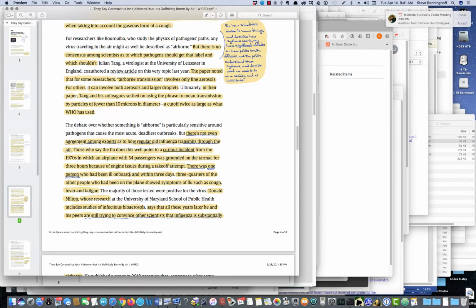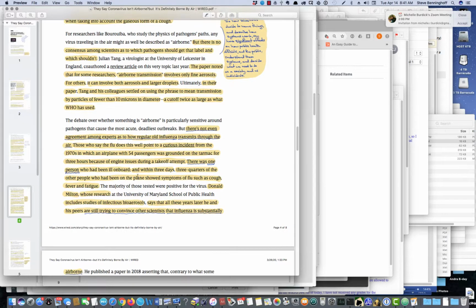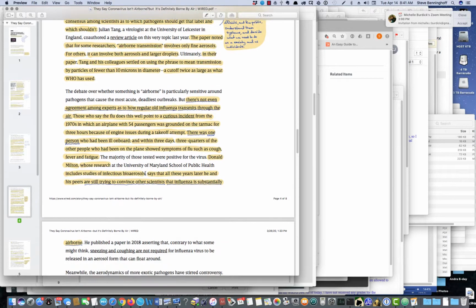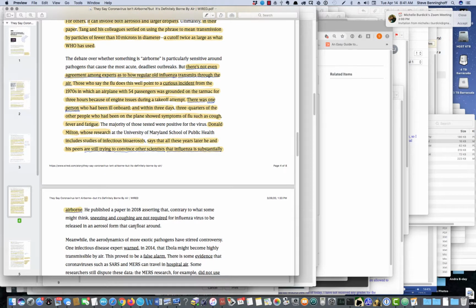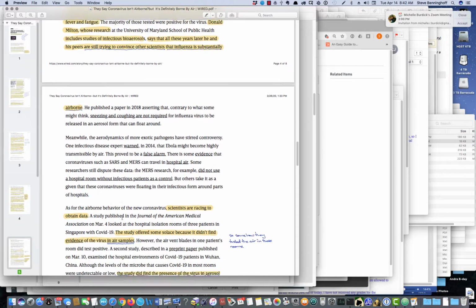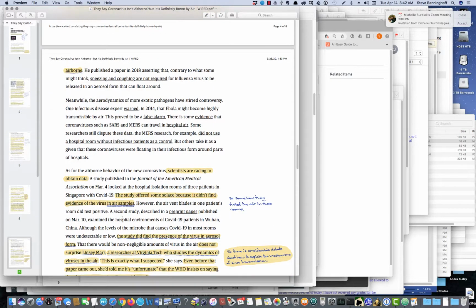There was only one person who was sick, but within 3 days, 3/4 of the people on that plane showed symptoms of the flu. So the flu is generally not considered an aerosol thing. This idea is that the ways that we've been thinking about transmission of viral disease isn't as cut and dried as people have been thinking.